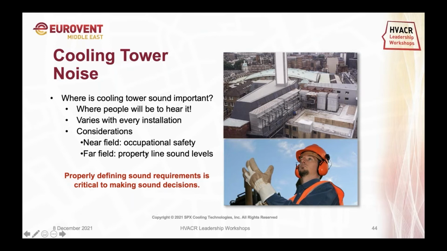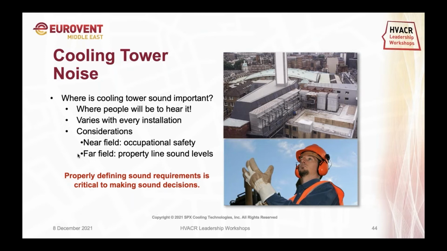Hence, we have the near field consideration, which is surrounding that cooling tower. There are common areas, there is a pool, gym, ballroom, etc. And the next consideration will be the far field. What's surrounding that building? Are there hospitals, balconies, any type of facility that can be disturbed by the cooling tower noise? These are very important points, right?